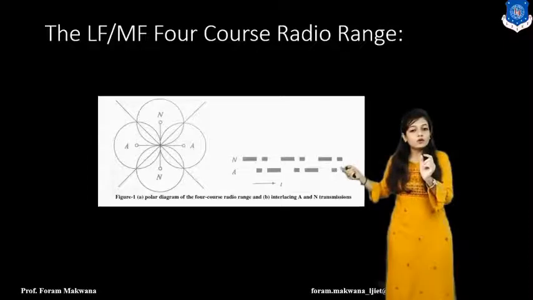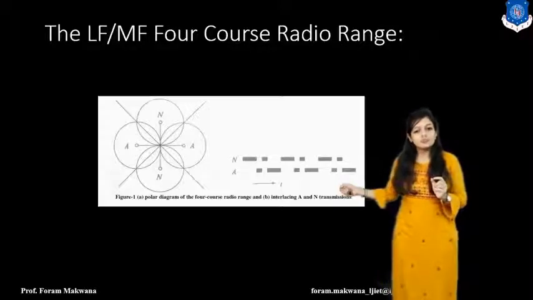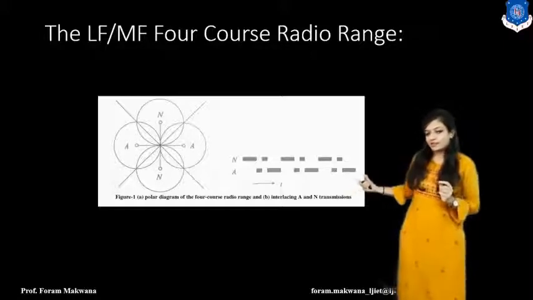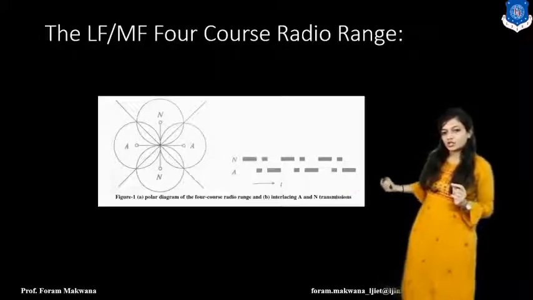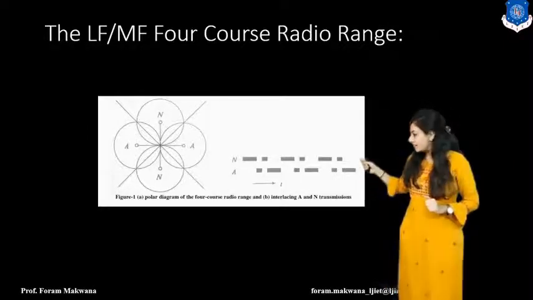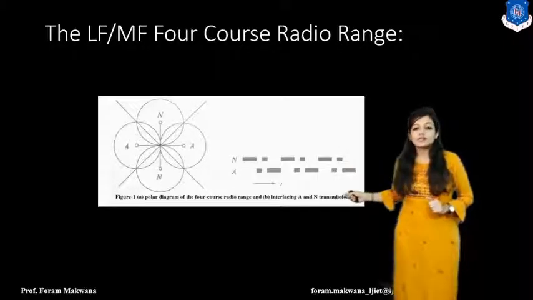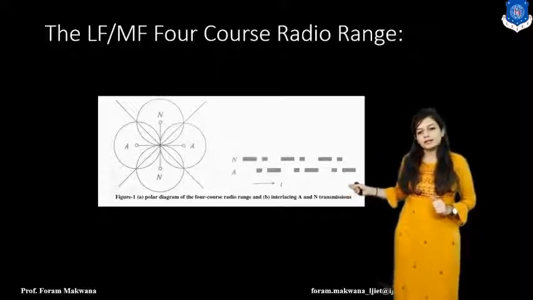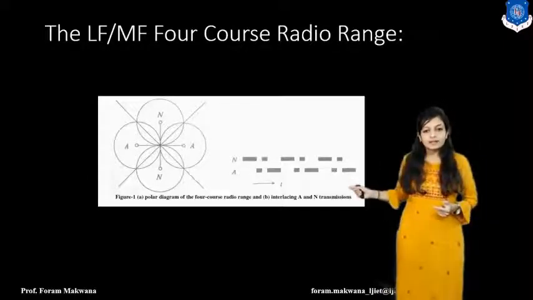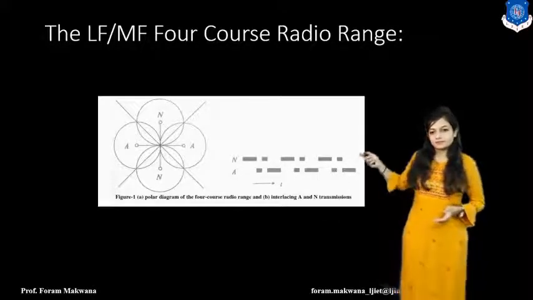In the gaps of the N antenna, the A antenna transmits the signal like dot, then a gap, dash, then again a gap, then dot, dash, and likewise. So whenever there is a gap for the N antenna, the A antenna transmits its signal in such a way that it does not interfere with the N antenna.